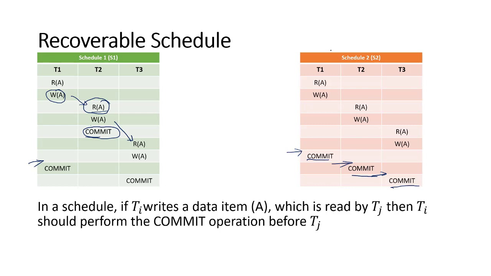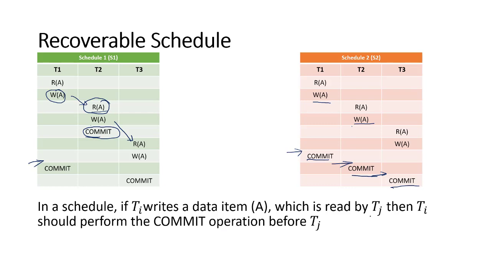If we go for the formal definition of a recoverable schedule, then in a schedule, if Ti writes a data item A, which is read by Tj, then Ti should perform the commit operation before Tj.